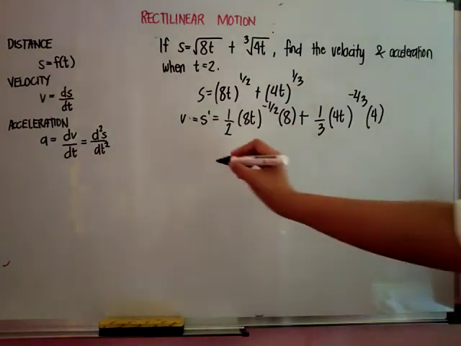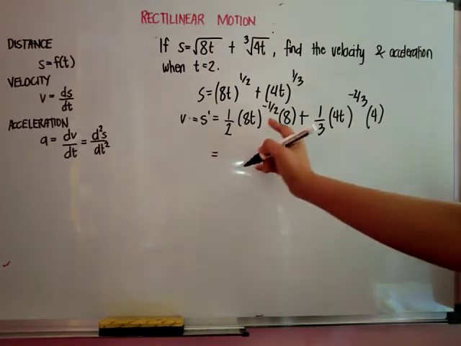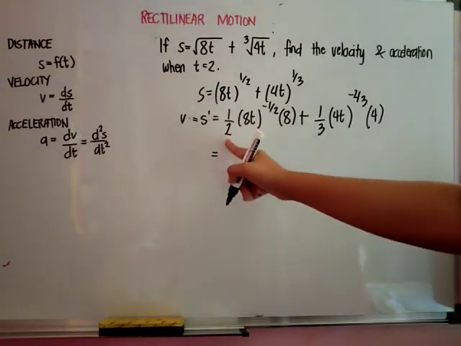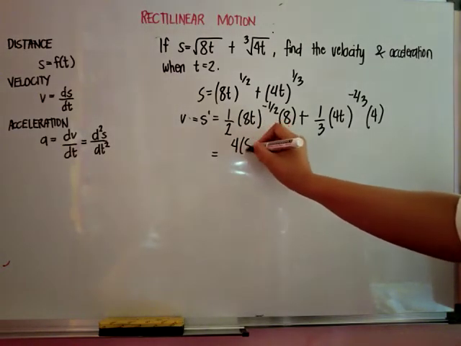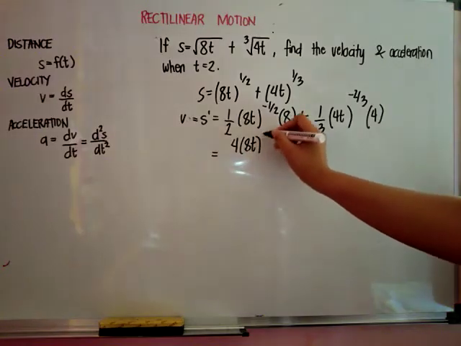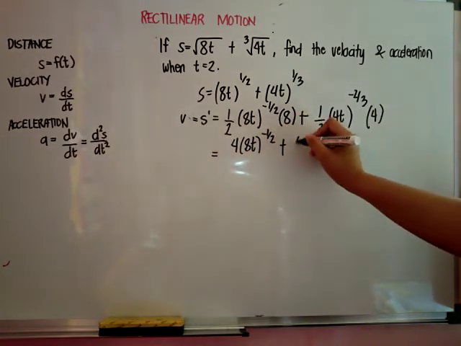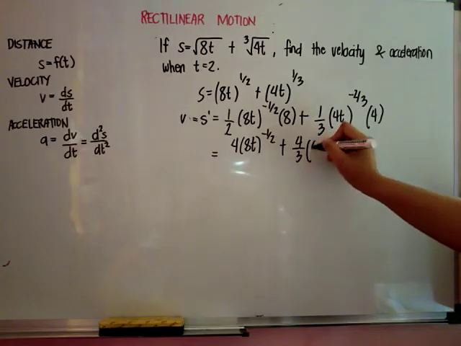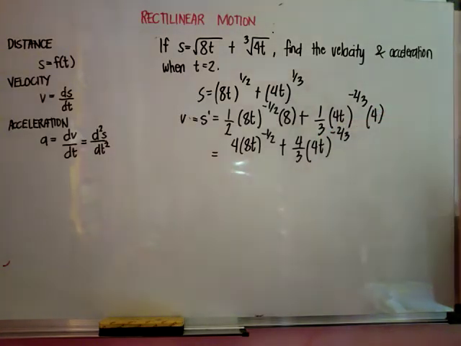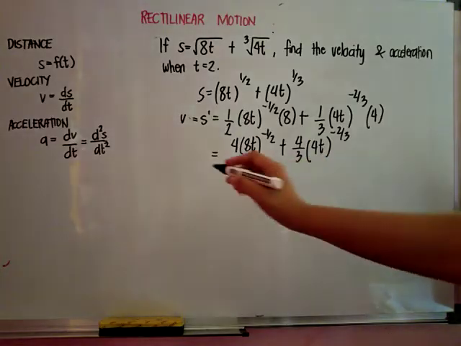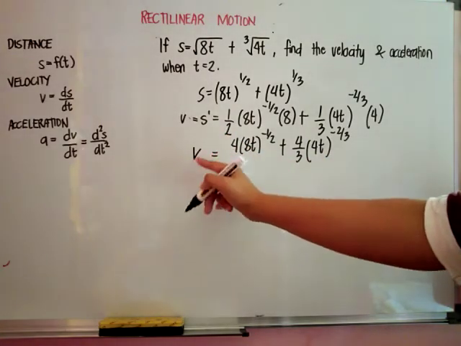So, simplify lang natin. So, we have 8 over 2 is 4. So, 8 raised to negative 1/2 plus 4/3 40 raised to negative 2/3. So, now this is the equation for the velocity.